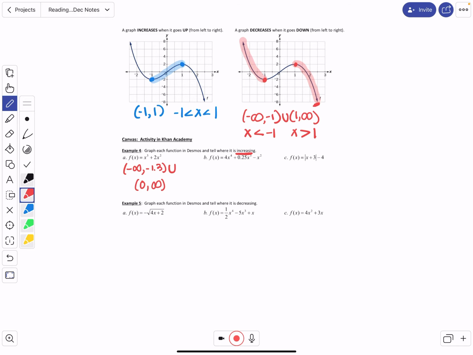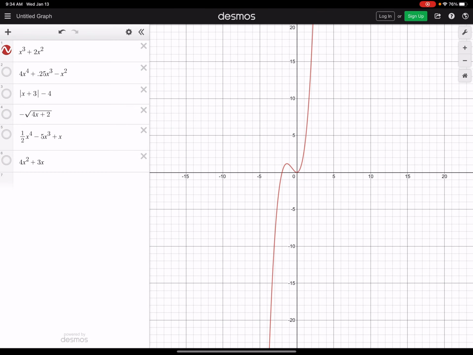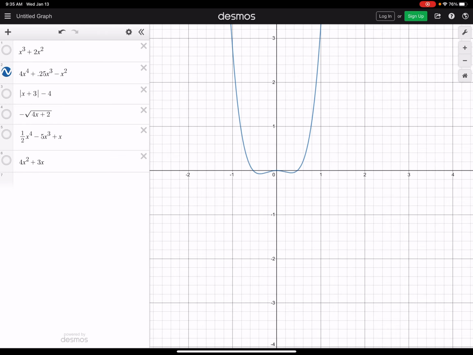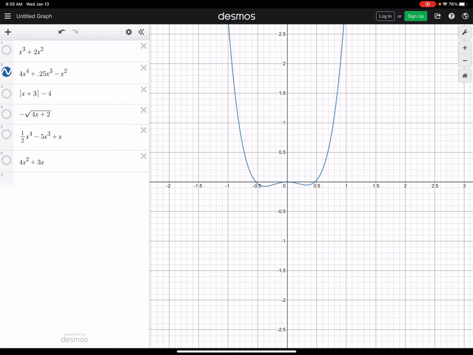All right, so looking at B. I'm going to turn this graph off, and I'm going to turn B on. If I zoom in on this graph, I can see that this has a slight increase starting here. So it starts going up at -0.4. We'll round that to -0.4.